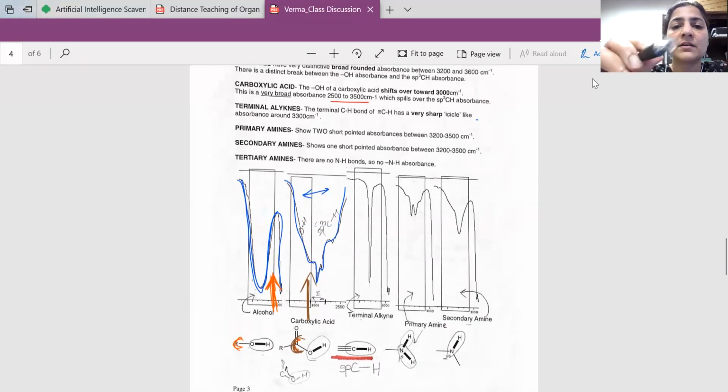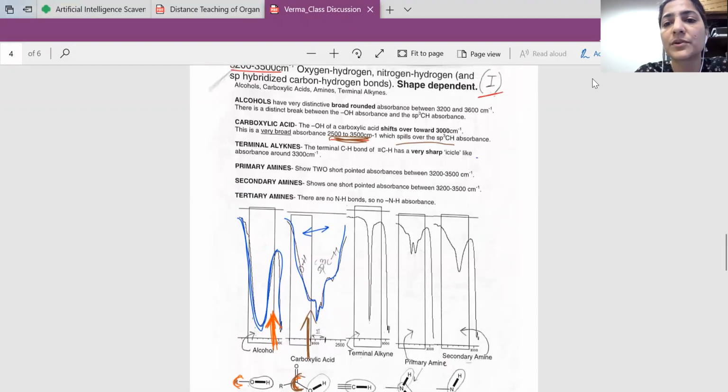When you have a OH connected to a carbonyl carbon, your absorbance will be between 2500 and 3500, which spills or merges in region 2 also. Remember, OH is in region 1 and your CH bonds are in region 2. So we see a merger between region 1 and region 2 peaks.